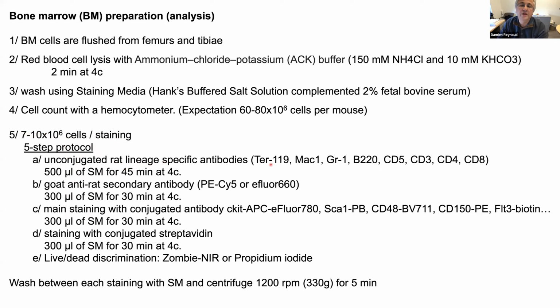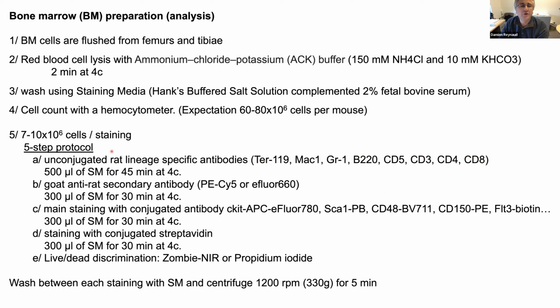We use a panel of lineage-specific antibodies: TER119 for the erythroid cells, MAC1 and GR1 for the granulomacrophage cells, B220 and CD5 for the lymphoid cells, B2 and B1. And we use CD3, CD4 and CD8 for the T cell lineage, and I guess also for some dendritic cells.